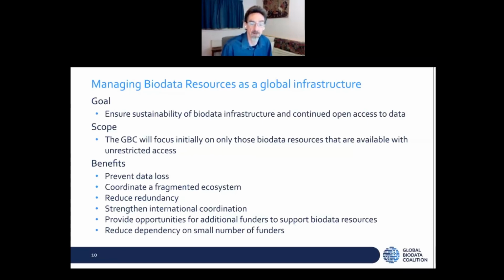I mentioned earlier that many of the data resources are supported by a relatively small number of funders. We want to encourage funders who are not currently supporting the resources to fund resources. That doesn't mean they will fund existing resources, but there are always opportunities for new things. And in that way, to reduce the dependency on a small number of funders. Okay, next slide.